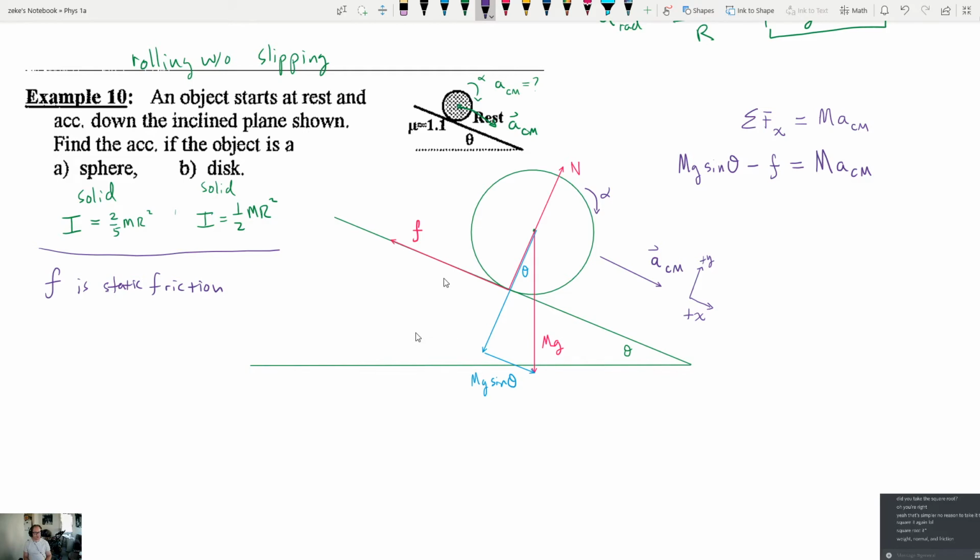With every step you take, your foot is at rest relative to the ground because you're pushing off of the ground. Your back foot is always going to stay still as you walk forwards, right?